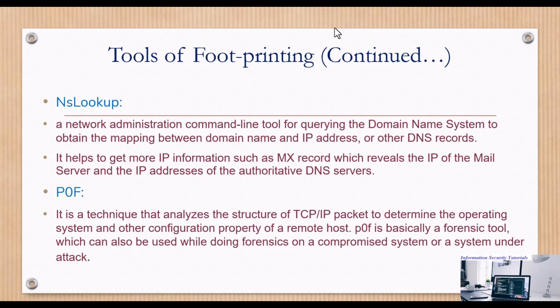Then we can search for the common vulnerabilities, as we said, for this operating system and start to exploit them. p0f is passive, meaning that there is no direct interaction with the target. So it is basically also a forensic tool, which can be used in forensics on a compromised system or a system under attack to get more information about the attack and get evidence about the attack and so on.